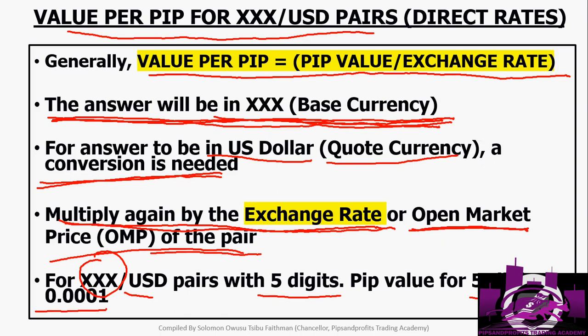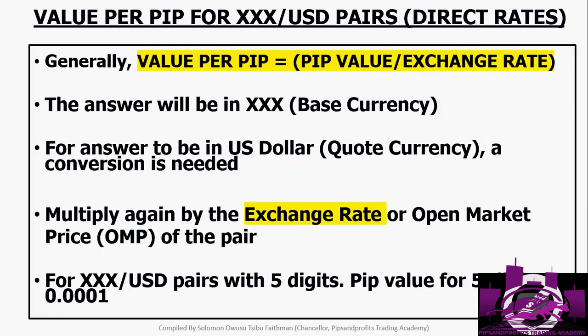So if we have a currency pair like this, and the currency has 5 digits, then the pip value is going to be 0.00001. So now we know how to get our pip value. Then we divide it by our exchange rate, and that is going to give us our value per pip. Let's take examples for clearer understanding.